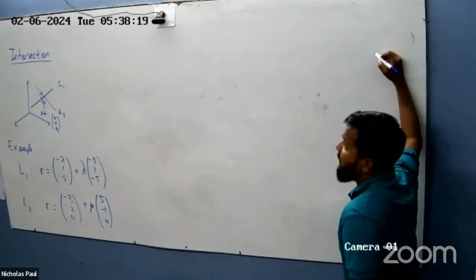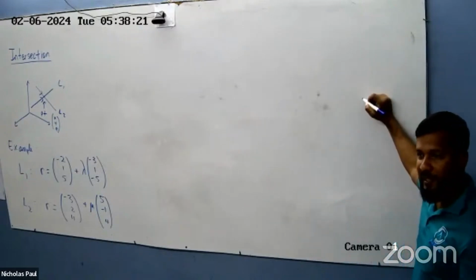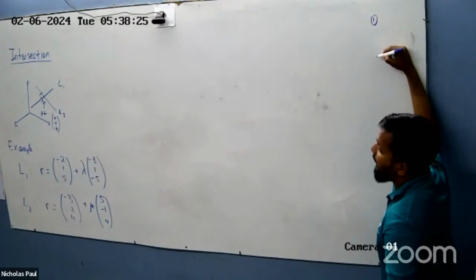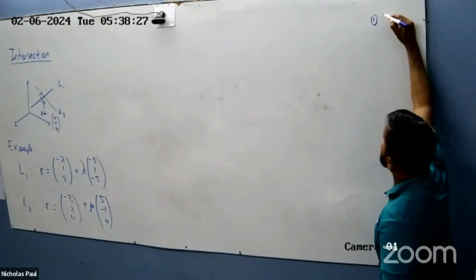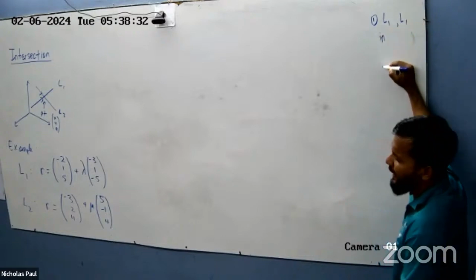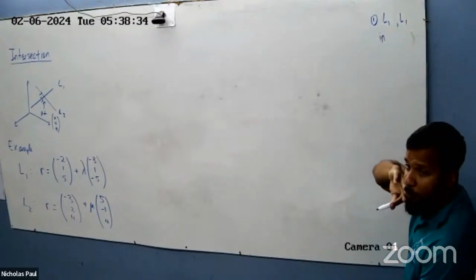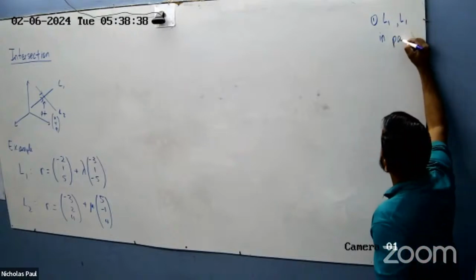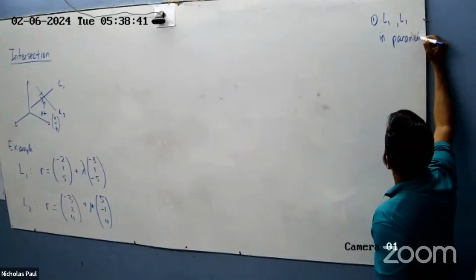I'm going to give you an idea of the steps that we're going to take and how we're going to go about this. The first step, we're going to write the lines. We're going to take L1 and L2 and put them in the easiest form to read off, the parametric form.